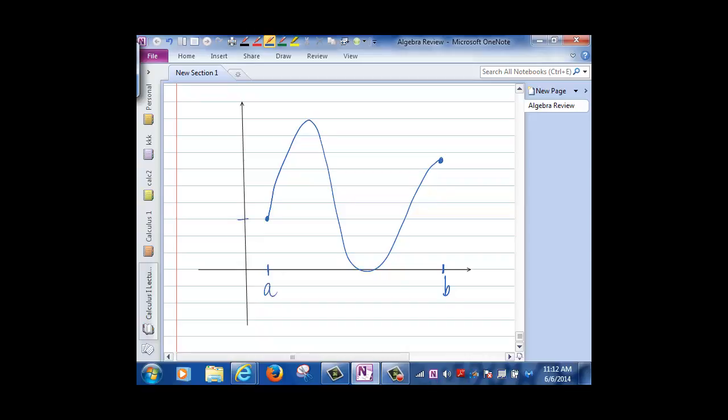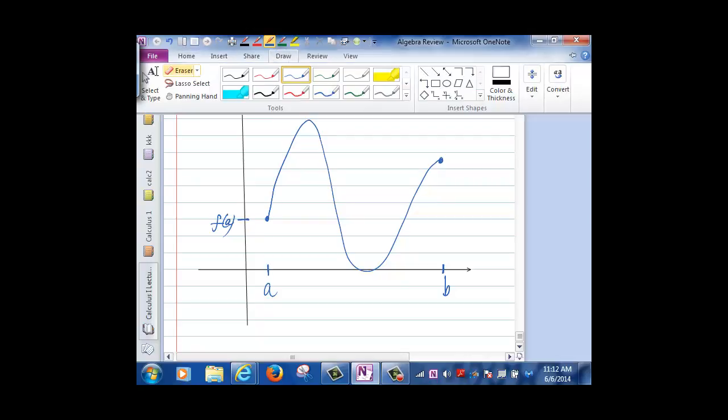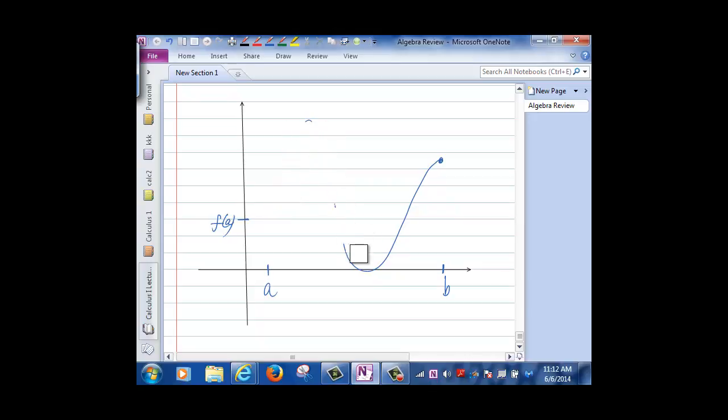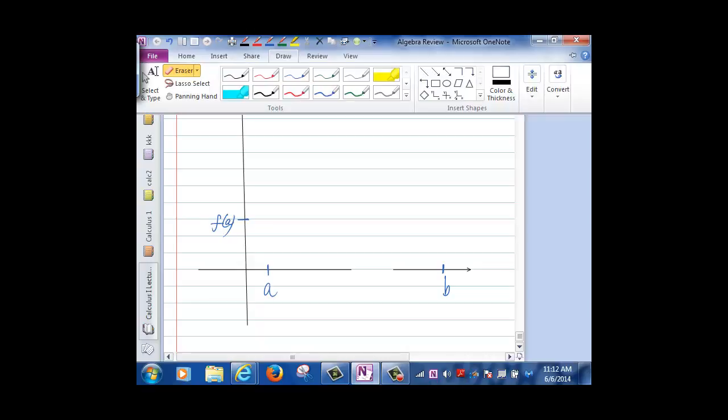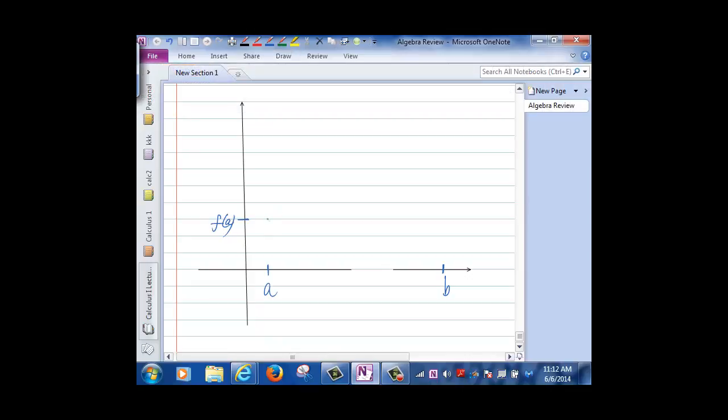So where is f of A? F of A is this point here, right? And what is f of B? Maybe, let me use a simpler curve. Let's say I have this following curve. So this is the curve that I have, and f of B is this guy, right?